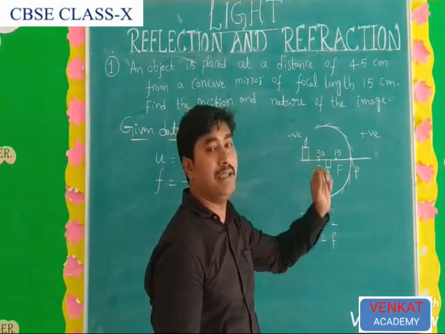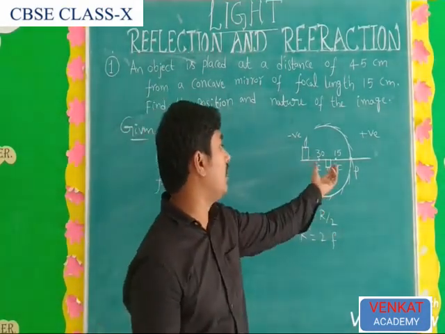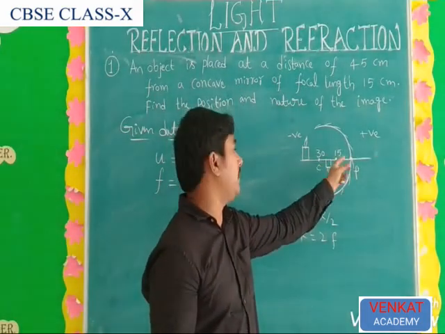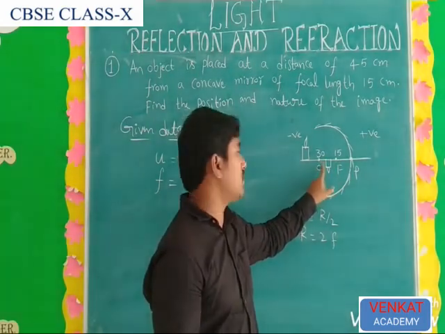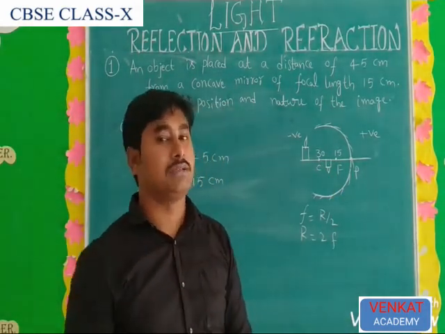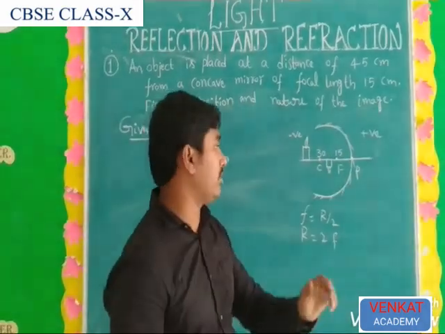So this is our guessed answer: the position of the image is between 15 and 30, and the image distance is negative, meaning the image is formed on the left side of the pole.